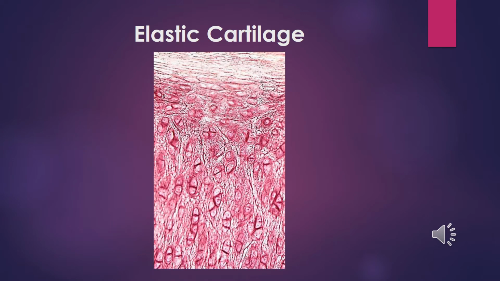This is a photo from a histological specimen after staining with orcein. Elastic fibers surround the cells and form isogenous groups. After staining with orcein, elastic fibers have a brown or dark red color.